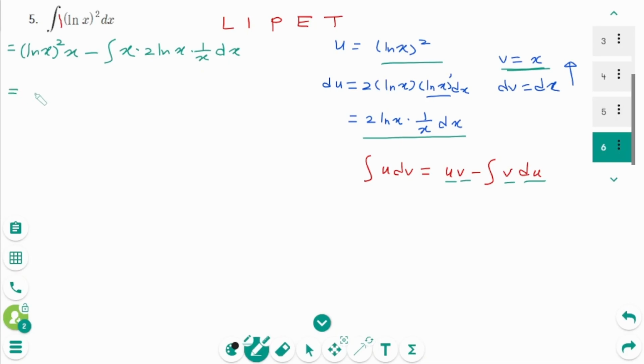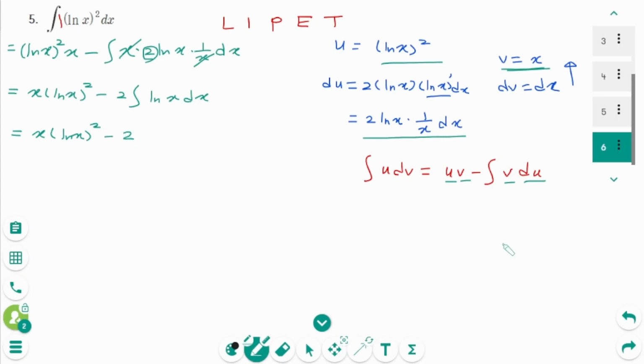We can rewrite as x ln x squared minus 2 integral of cancelled ln x dx equals x ln x squared minus 2.